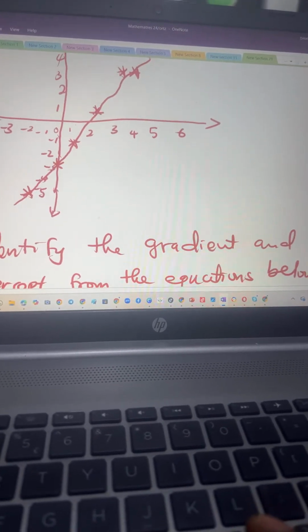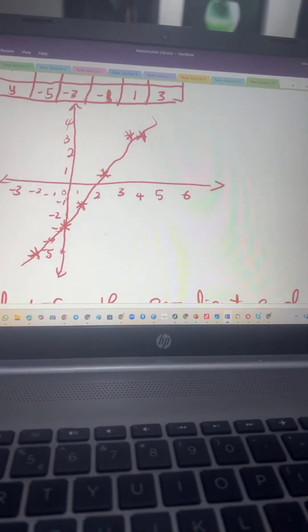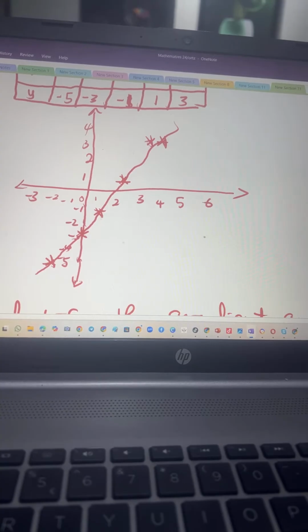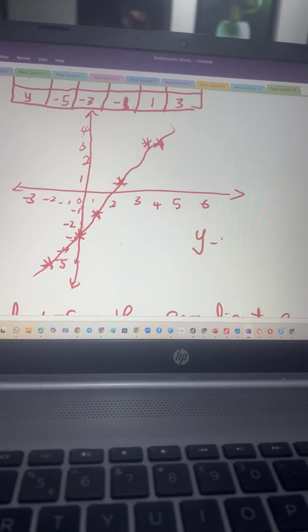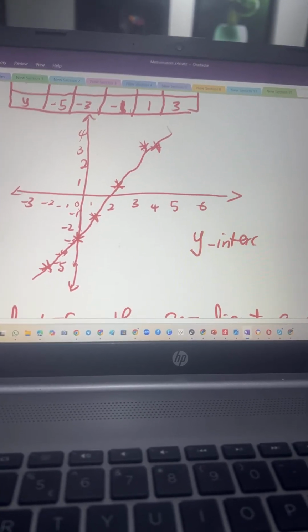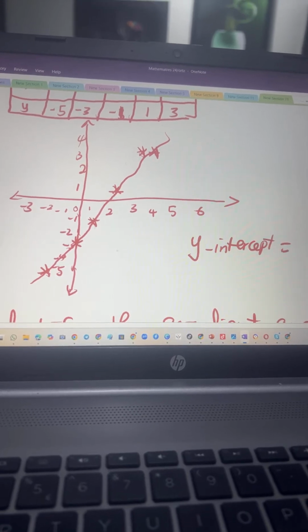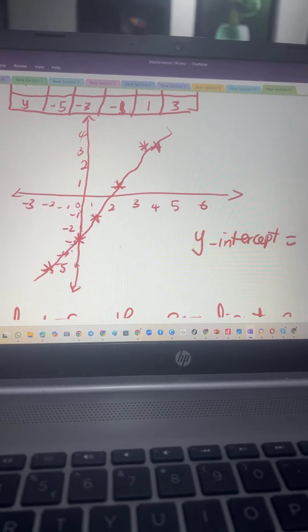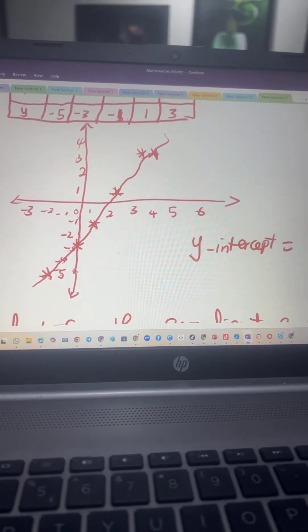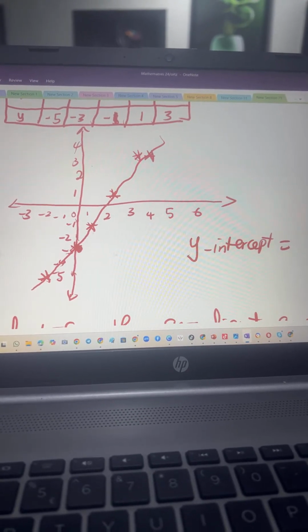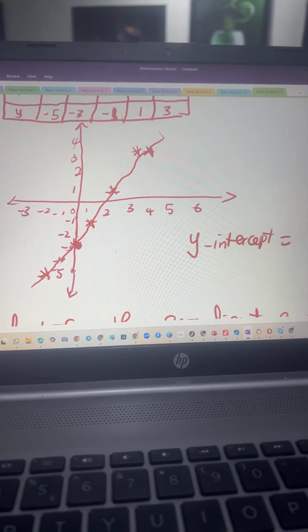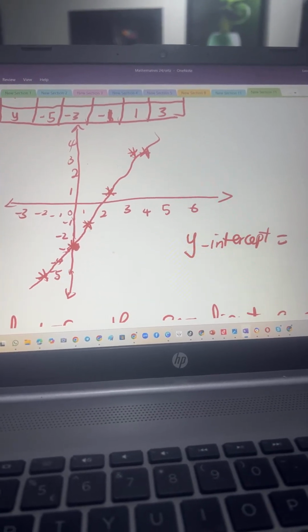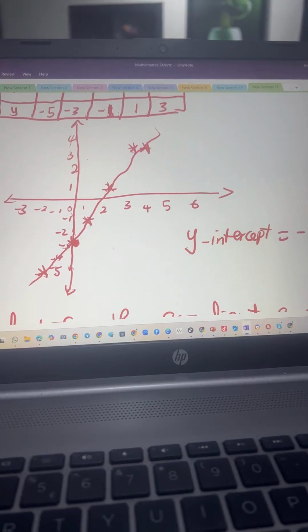If they ask you to find intercept, let me just explain something here before you go. If you have to find y-intercept, how will you find it? It is where the straight line cuts the y-axis. Where does it cut the y-axis? Here. So that would be -3.